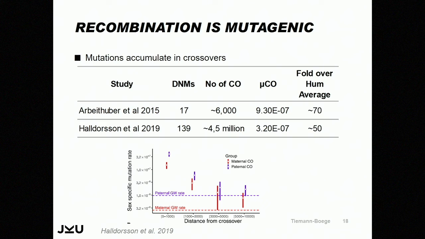They also have information that this happens not only in males, but also in females, a little bit less in females, and as you go away from the recombination hotspot, the number of de novo mutations decreases. So it seems that these de novos accumulate because there was a crossover there.